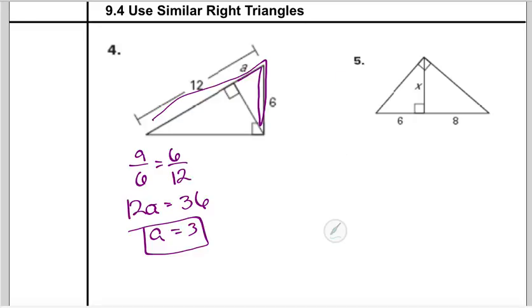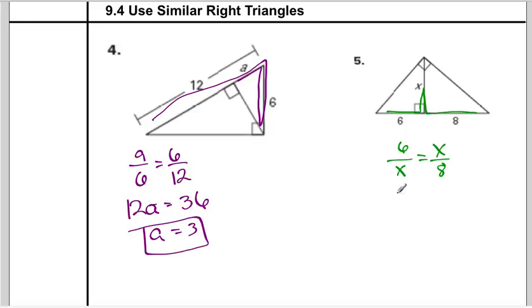The next one beside it, we do have the pieces of the hypotenuse here, and we're looking for the middle section here, so we are going to use that heartbeat theorem, the geometric mean altitude theorem, so 6 over x equals x over 8, where x is the geometric mean of those two numbers.